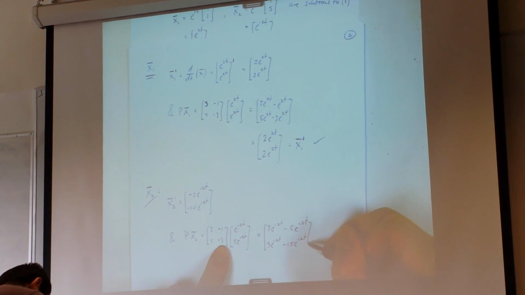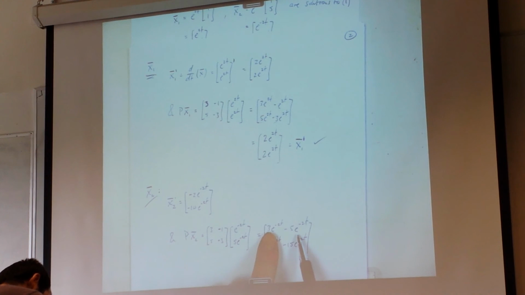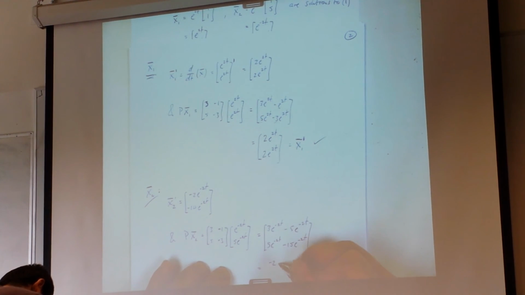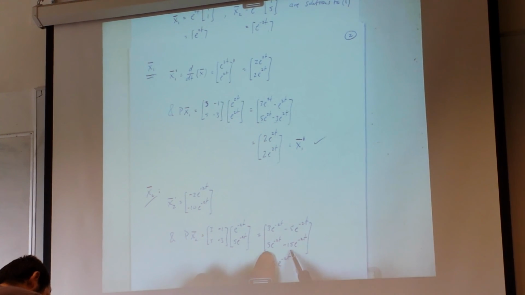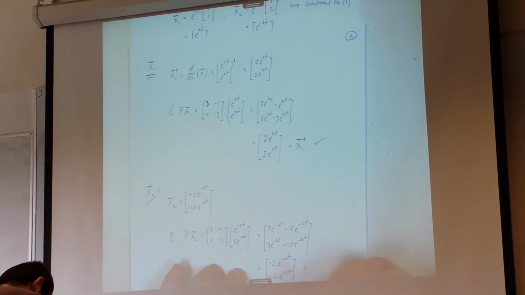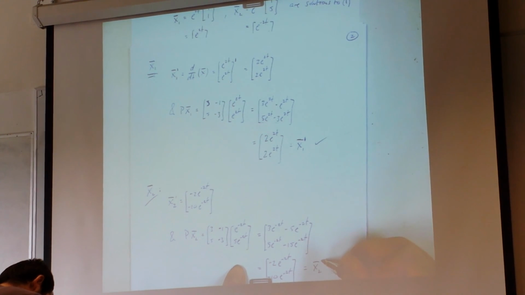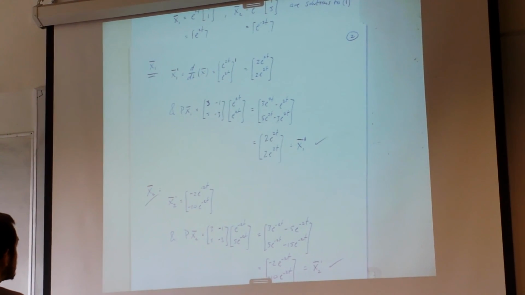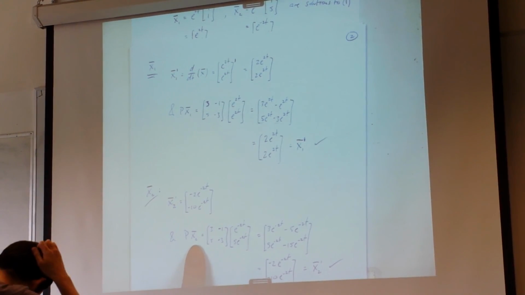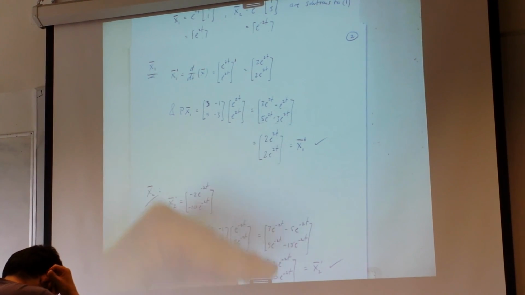And if we combine those terms, those are both e to the negative 2t terms. 3 minus 5 gives me negative 2 e to the negative 2t and negative 10 e to the negative 2t. And this, sure enough, is equal to x2 prime, and that's what we wanted to show. x2 prime equals Px2. So both of those vector functions solve it. Okay?